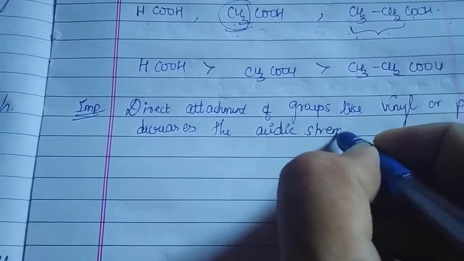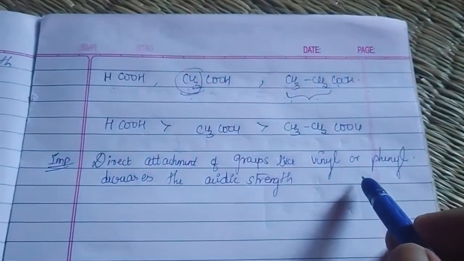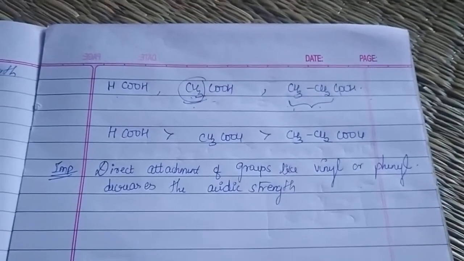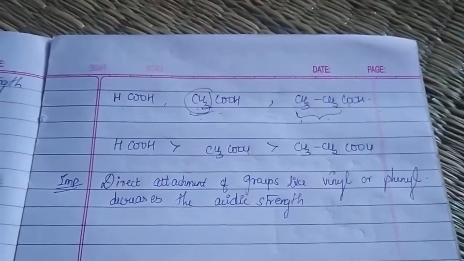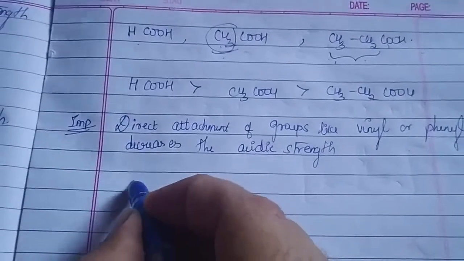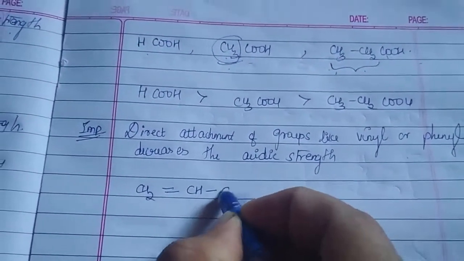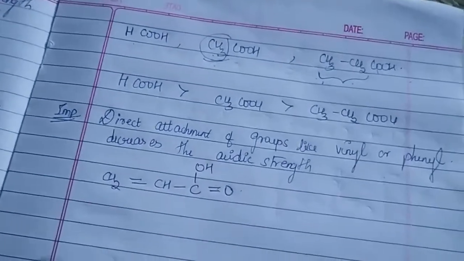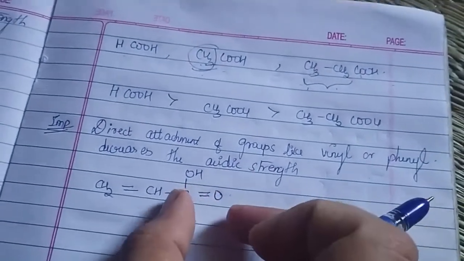Of course, you have come to know why: when these groups are present, they decrease the resonance stabilization of the carboxylate anion. For example, if I give you CH2=CH-C(OH)=O, this is your vinyl group and this is your carboxylic group.